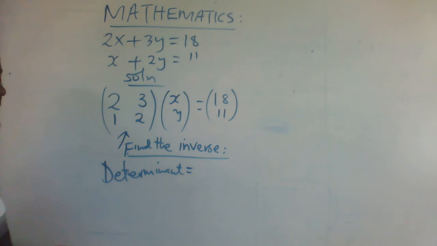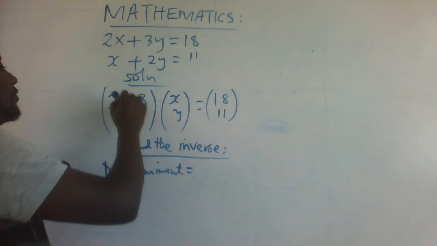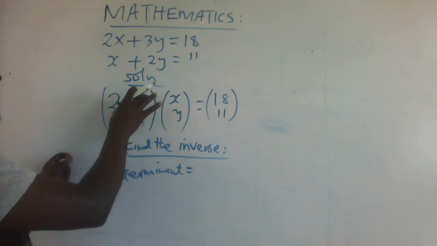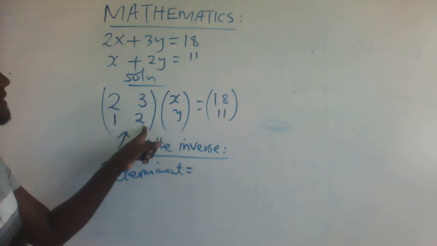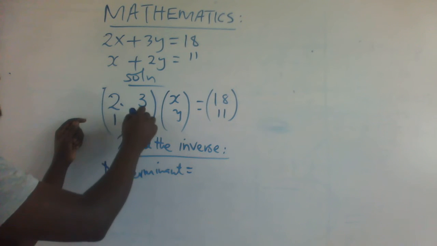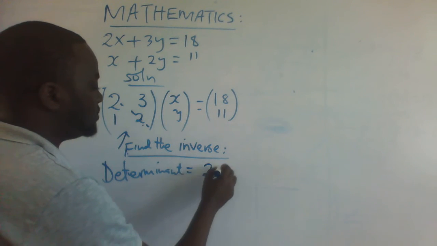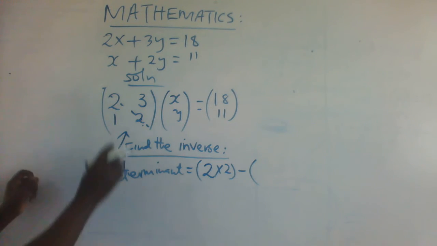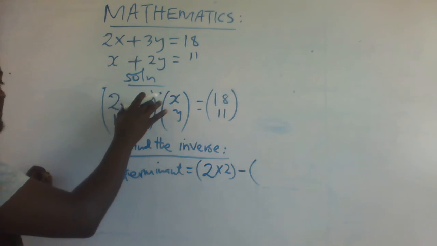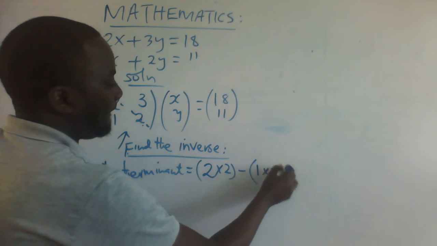The determinant is given by the difference between the product of the principal diagonal and the minor diagonal. The principal diagonal, we have the elements in this diagonal, it is given by 2 times 2, minus the product of the elements in the other diagonal, 1 by 3.